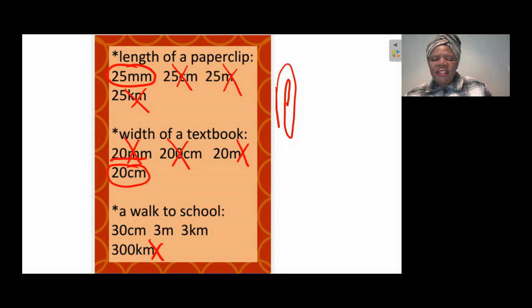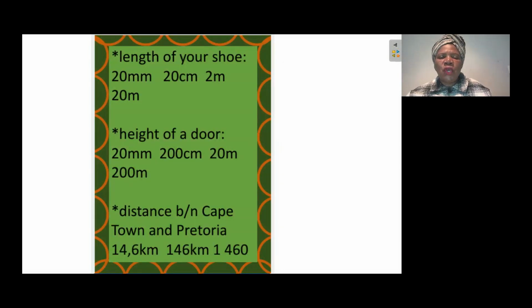Then 30 centimeters, my goodness, 30 centimeters is your plastic ruler. This is too small a distance to walk. Then 3 meters, that's something else. This one is too small again. So the walkable distance could be 3 kilometers. Okay, 3 kilometers to go to school.